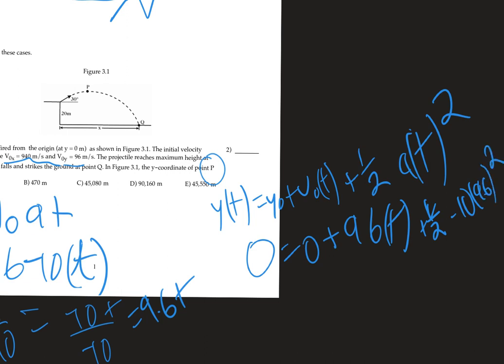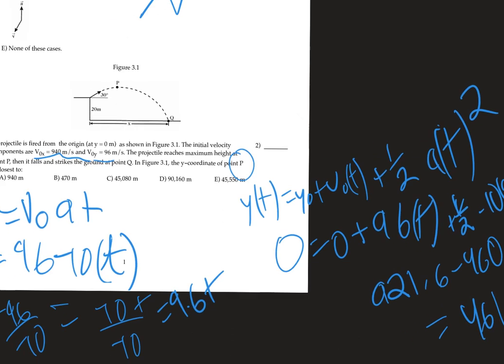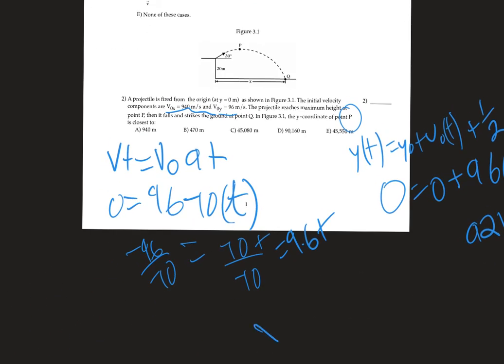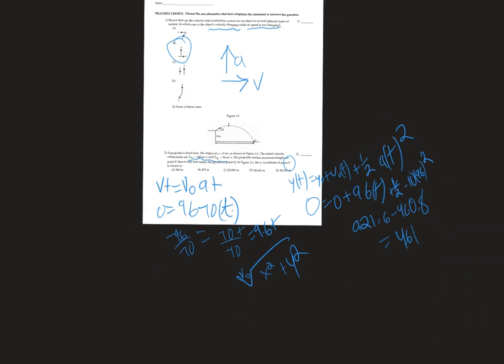So the negative 10 is the acceleration because of gravity, right? Then we get 460.8, which is going to be equal to 461, because we also did this over here in order to get what we got there.